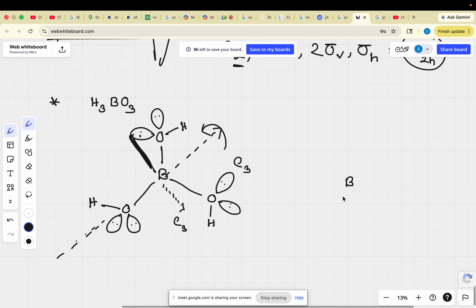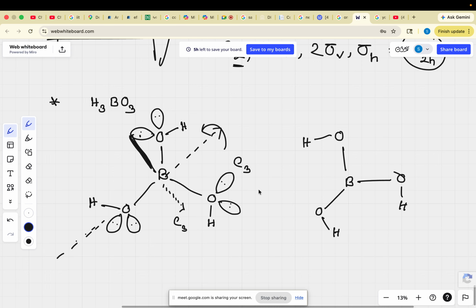First, this OH is changing its position like this. Secondly, this oxygen will go there, so it will be like this, and this oxygen is coming here, so it will be like this.